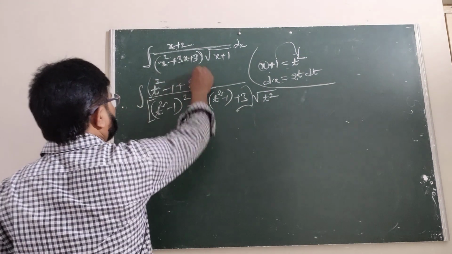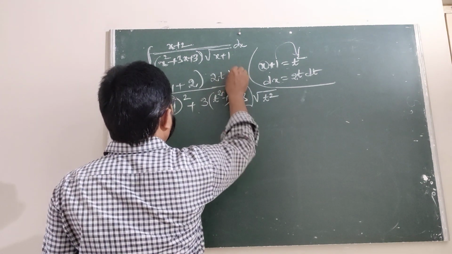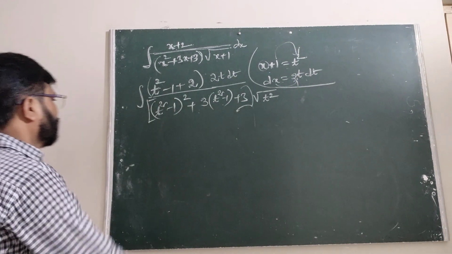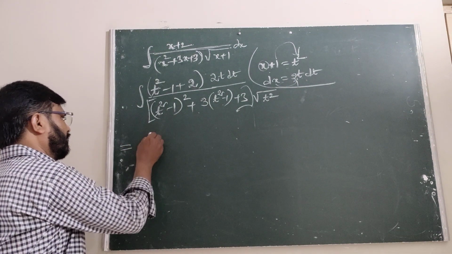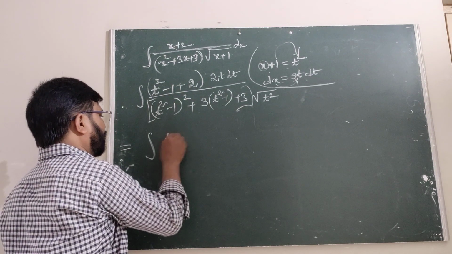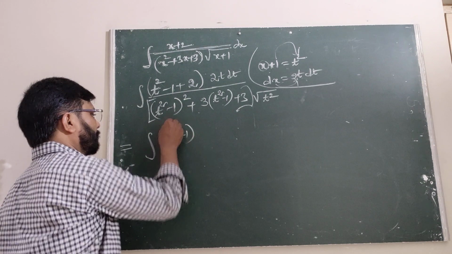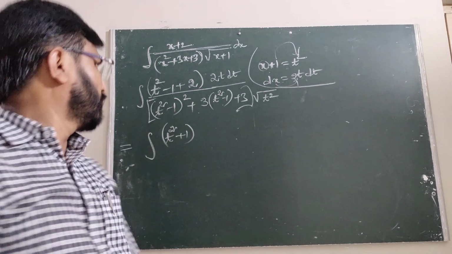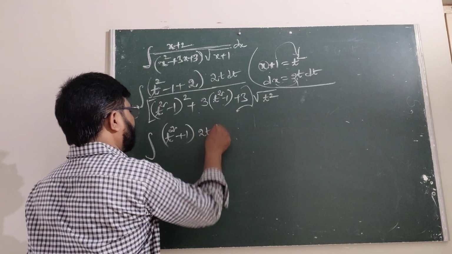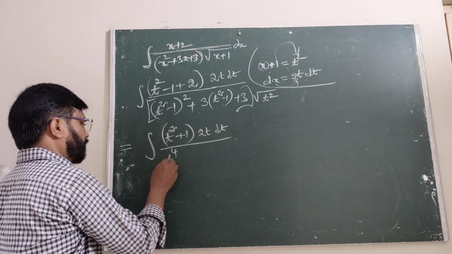Instead of dx we write 2t dt. Now the numerator becomes t square plus 1, and here this is 2t dt upon, now this square is t power 4.